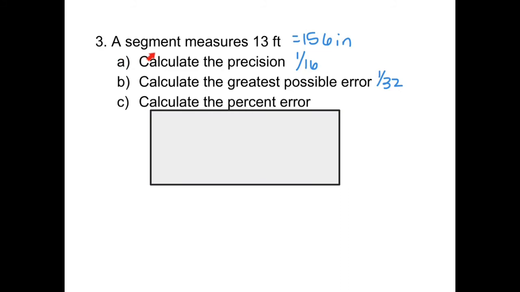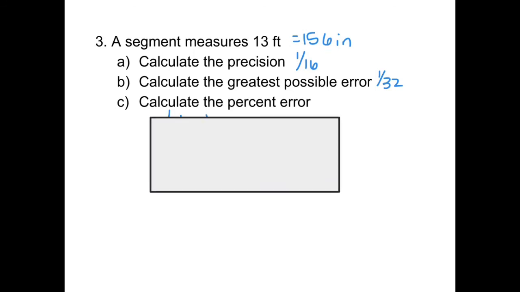This example says a segment measures 13 feet. Now we've not talked about feet, but feet needs to go into inches. So we multiply that by 12 to get 156 inches. So we calculate the precision is always going to be for an inch, 1/16 of an inch, and half of that will always be the 1/32 as the greatest possible error. So we will take this 1/32 and divide it by 156, multiply it by 100 to turn into a percent.